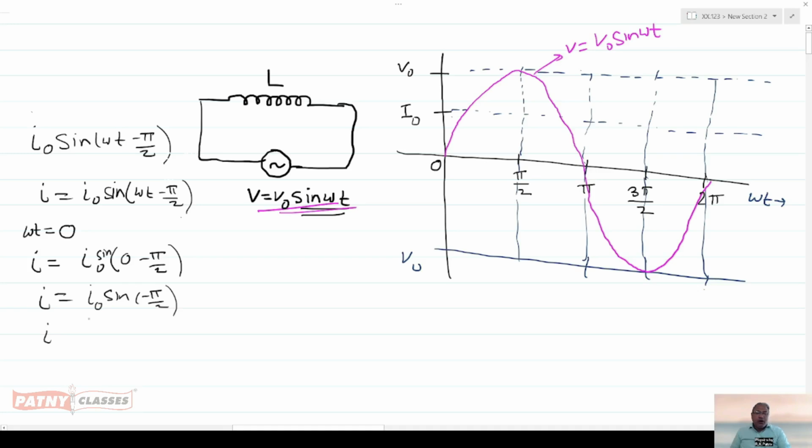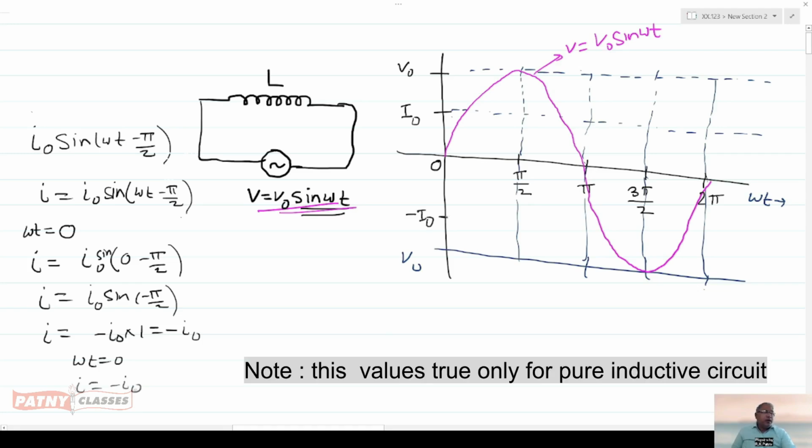Therefore, minus I naught into 1 equals minus I naught. This implies when omega t equals 0, I equals minus I naught. So here is minus I naught at t equals 0, and I got point number 1 here.